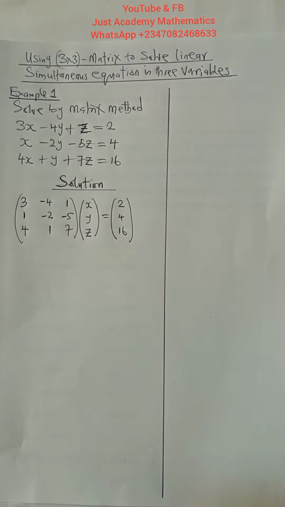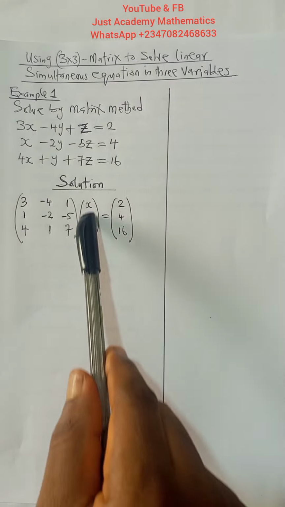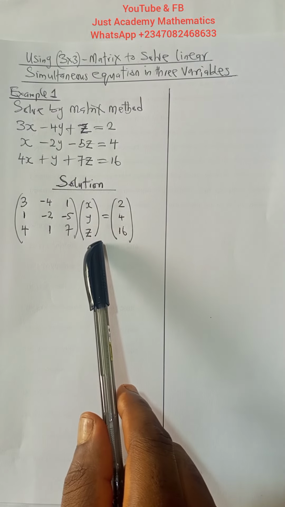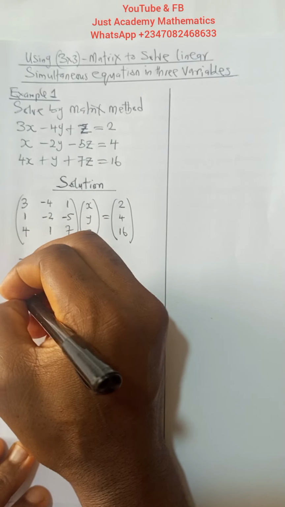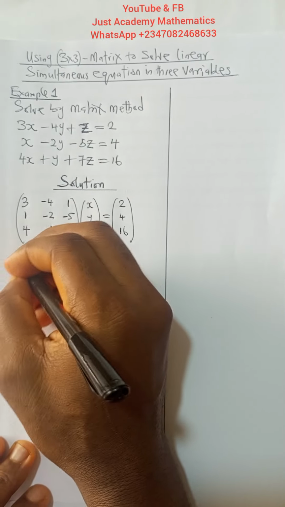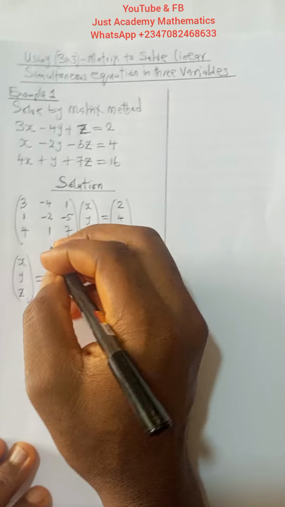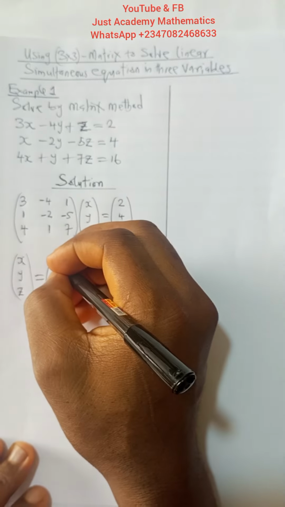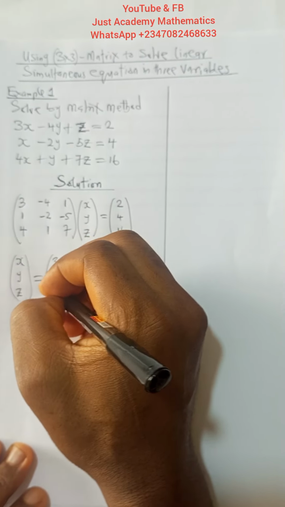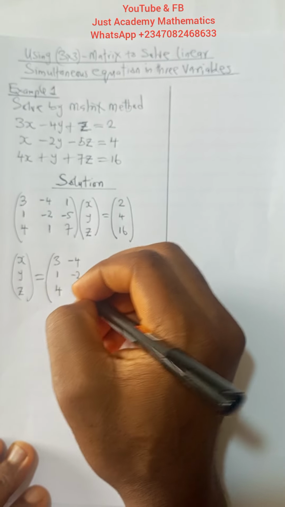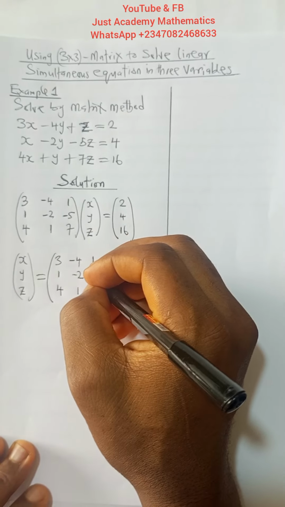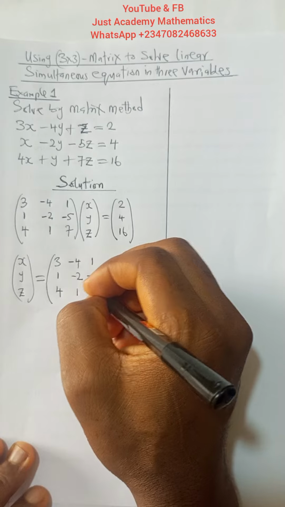So what we do now is we are going to make these variables the subject. If you make this the subject, x, y, z, what will happen? If you get this equals to, that means the answer will be the inverse of this. The inverse of this, 1 minus 2, 1, then 1 minus 5, 7.